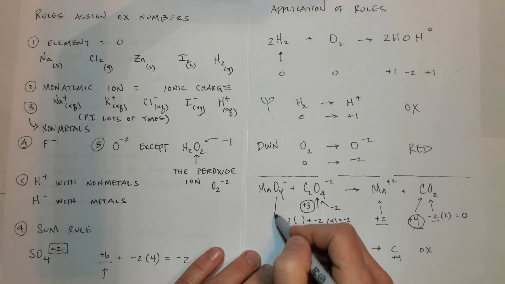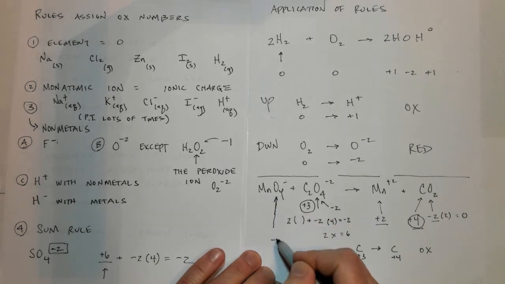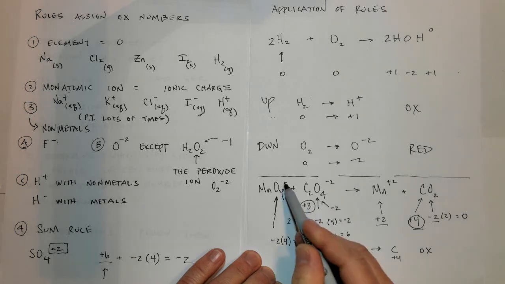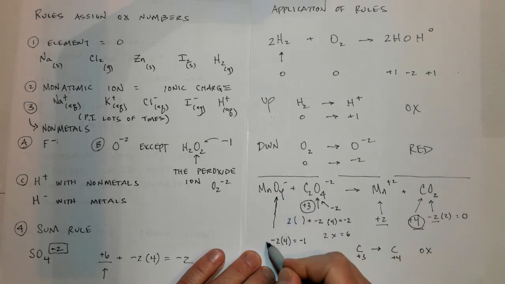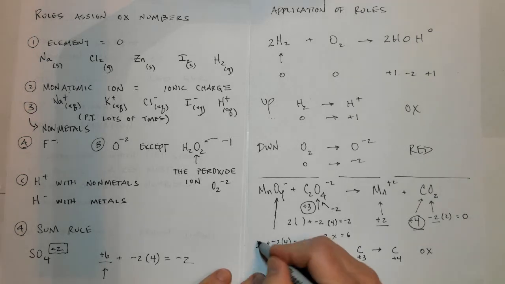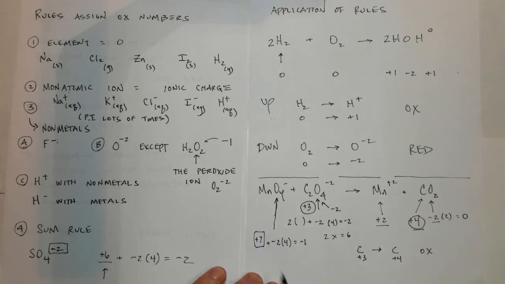Now let's do this last species right here. Oxygen here is -2. There are 4 of them. It has to add up to equal -1 because there's a -1 in the upper right-hand corner. What does manganese have to be? Well, of course, it must be +7 then, right? Because +7 plus -8 equals -1. And so the +7 goes down to +2 right here.